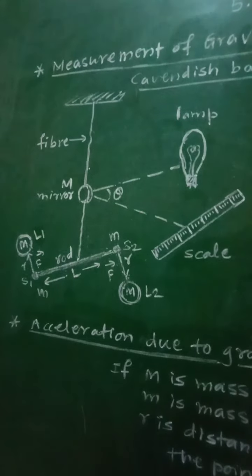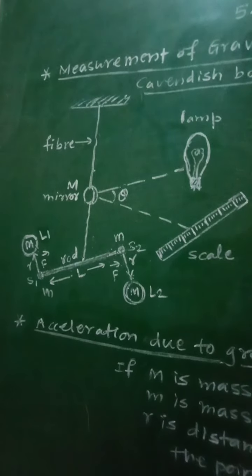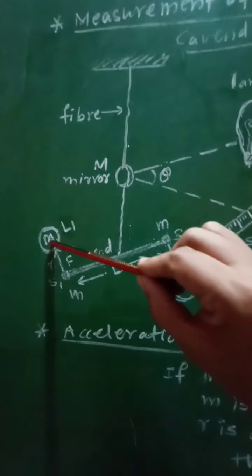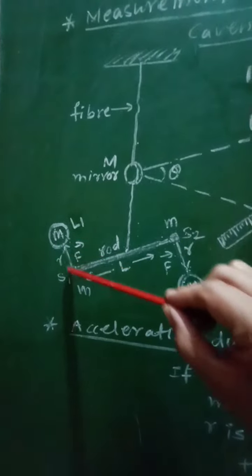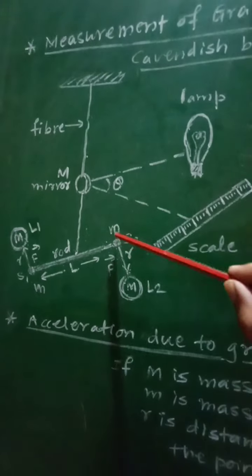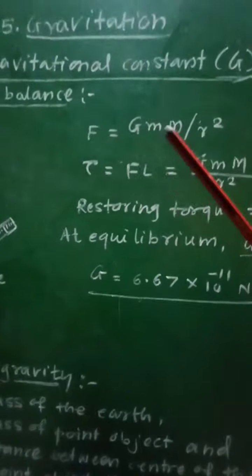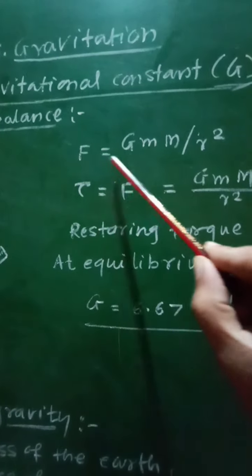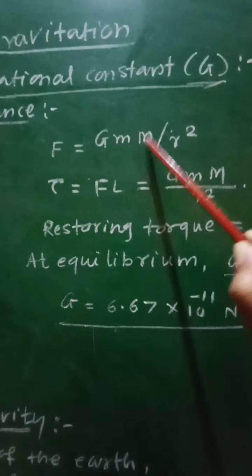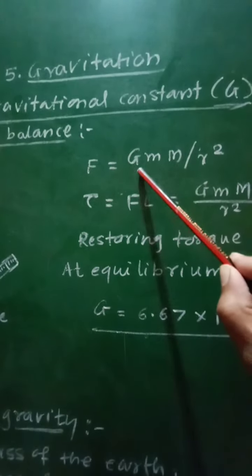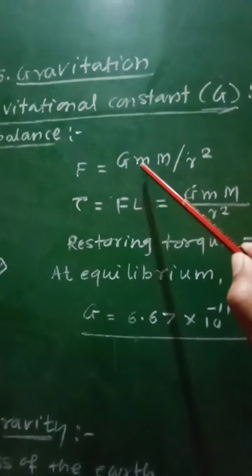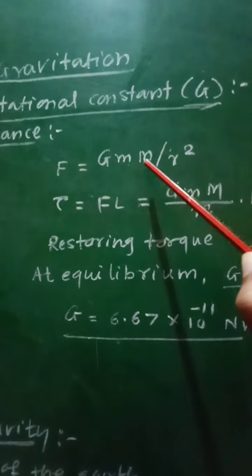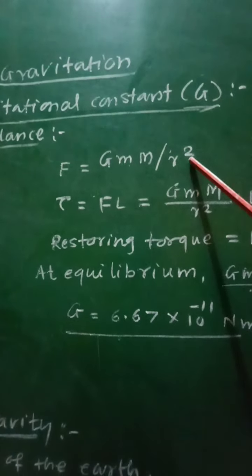Then the magnitude of the force between these spheres will be given as follows. If r is the distance of separation between the centers of these neighboring spheres, at that time the gravitational force between them will be given as F is equal to GMm upon r square. G is the gravitational constant, m is the mass of the small sphere, and capital M is the mass of the big sphere, upon the distance of separation square.